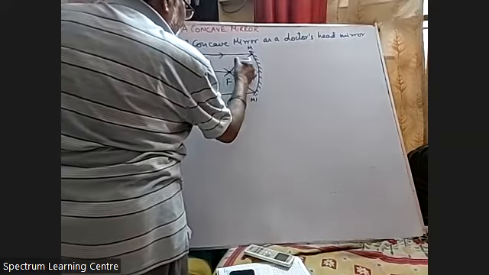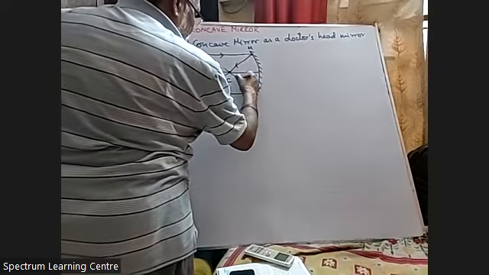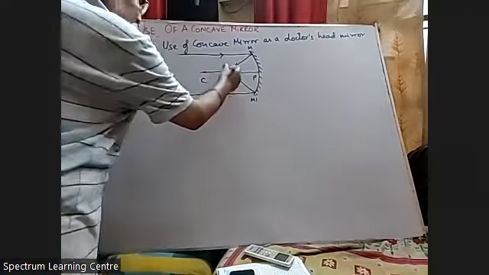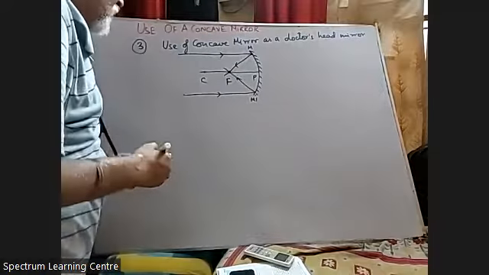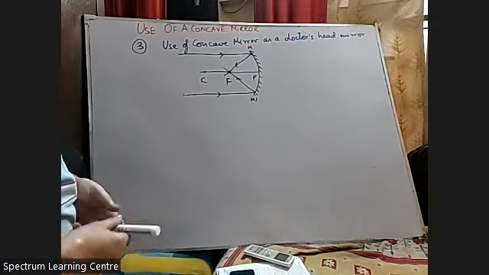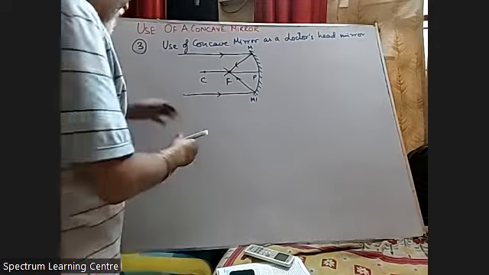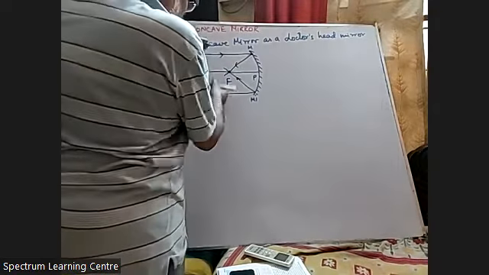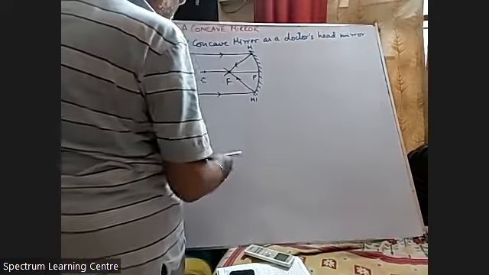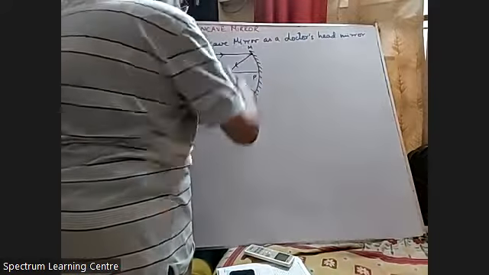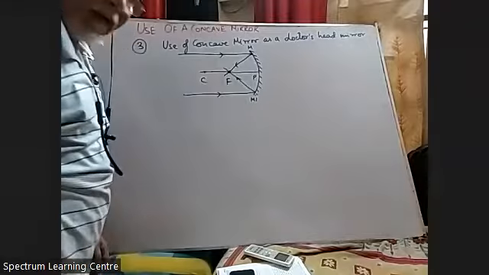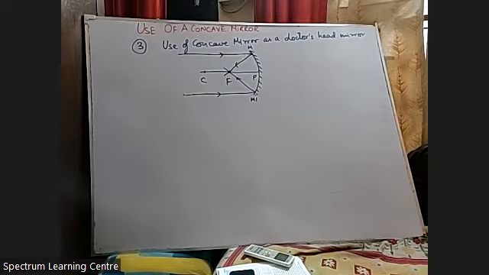A parallel beam of light is thrown on the mirror to make this focus. There are not just two rays, there are many rays, so all the rays will be converging here. Are you getting my point? Yes, sir. All the rays will get converged at the focus.